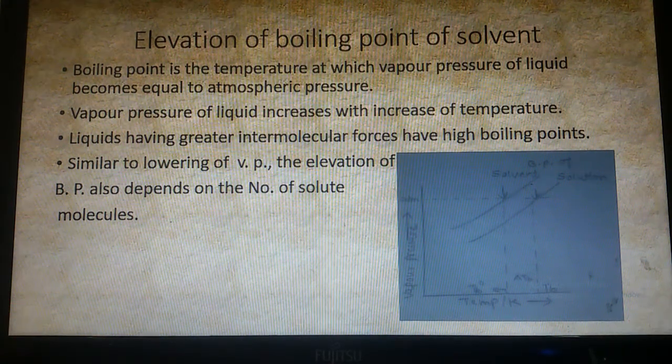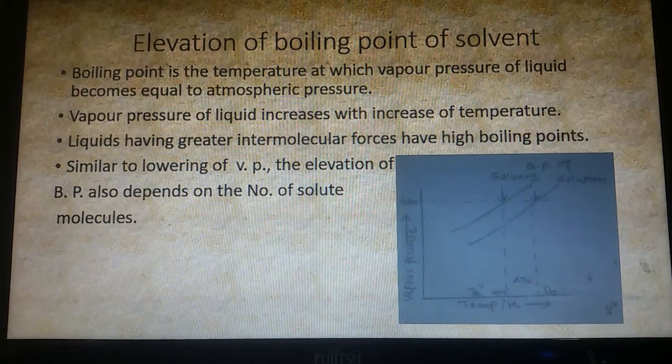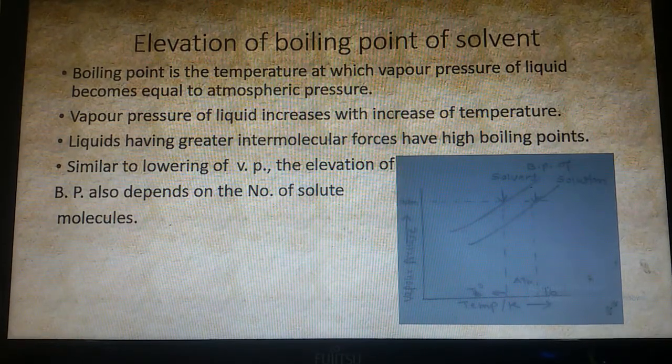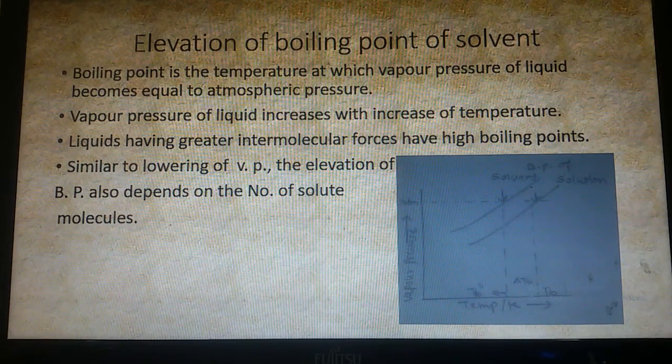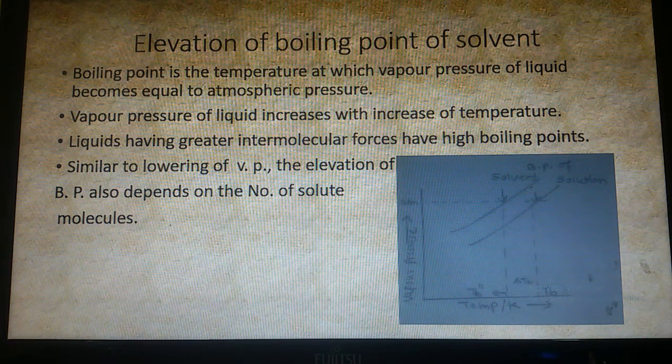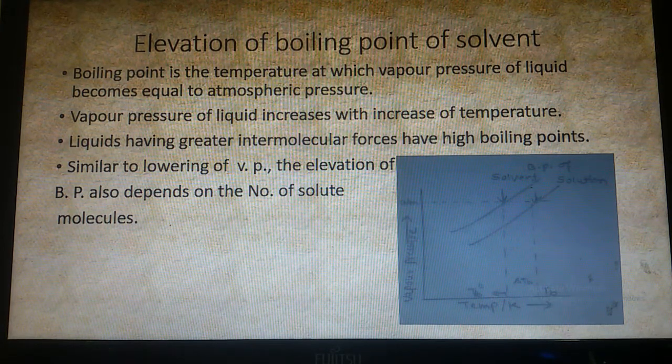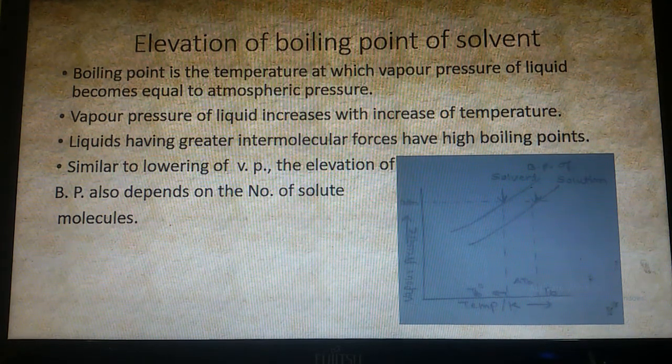This graph shows vapor pressure against temperature. Similar to lowering of vapor pressure, elevation of boiling point also depends on the number of solute molecules. Liquids having greater intermolecular forces have a higher boiling point.